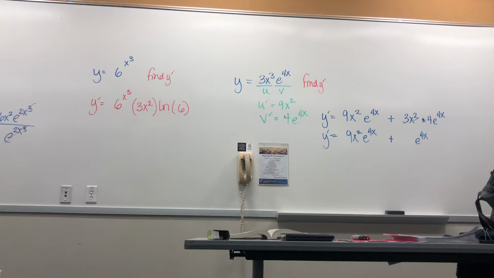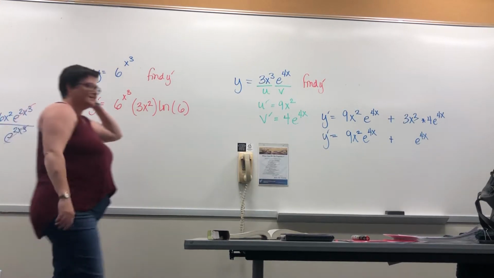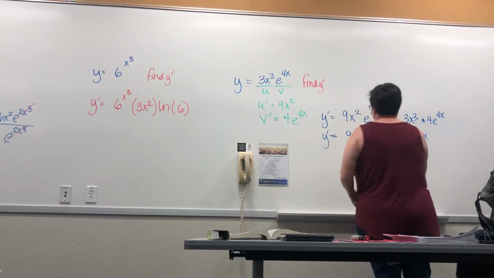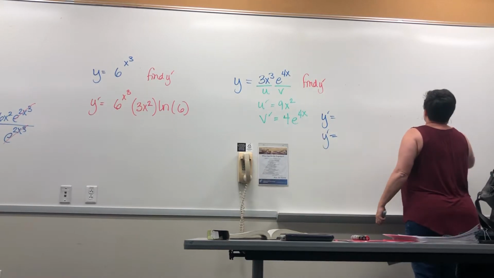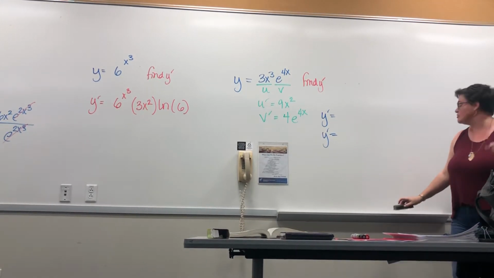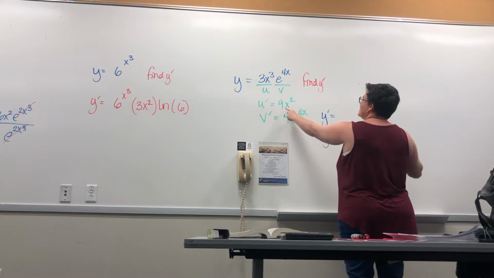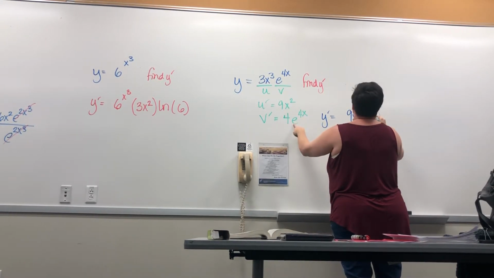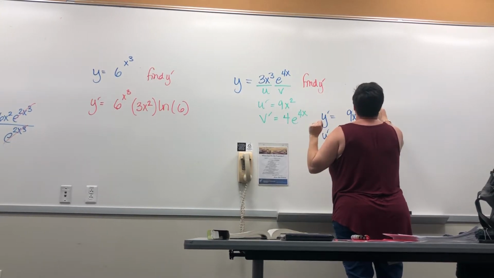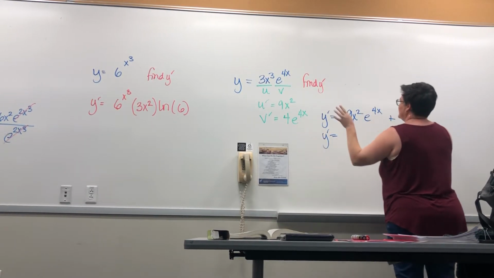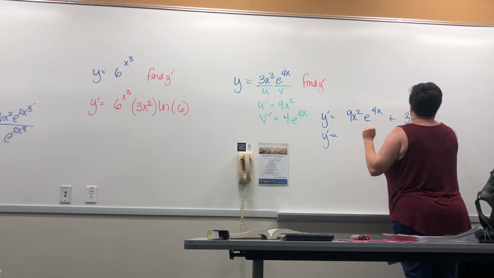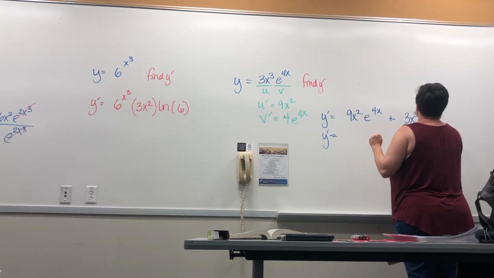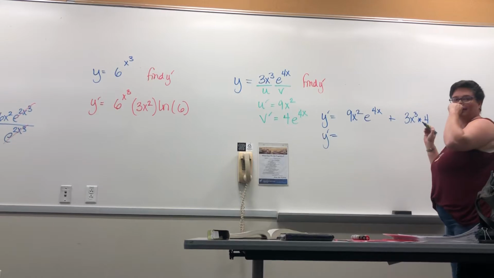Hang on. You have u times v, and when you take the derivative, you get the derivative of u times v plus u times the derivative of v. The derivative of u, 4x cubed, is 12x squared. It should be e to the 4x, not squared.